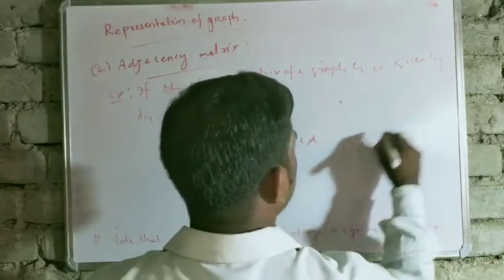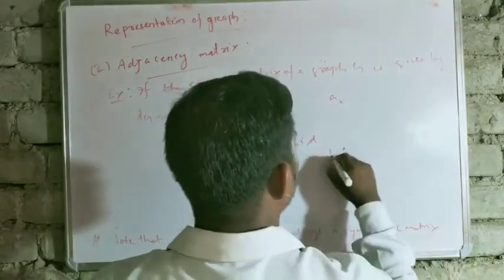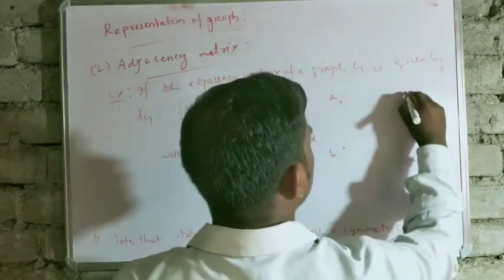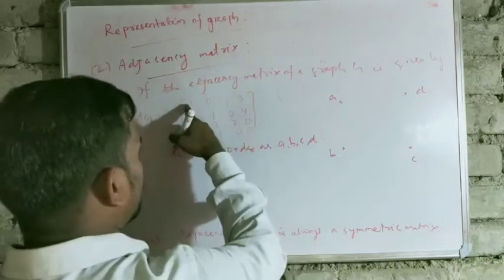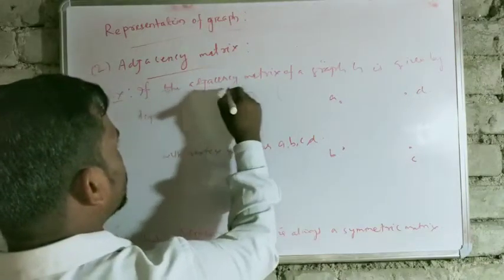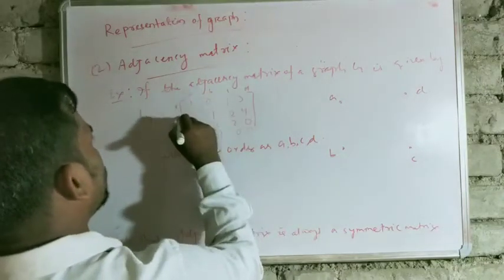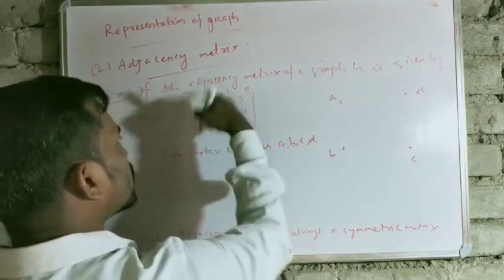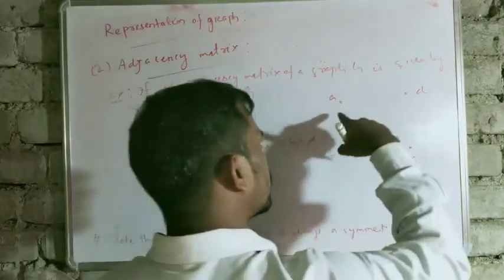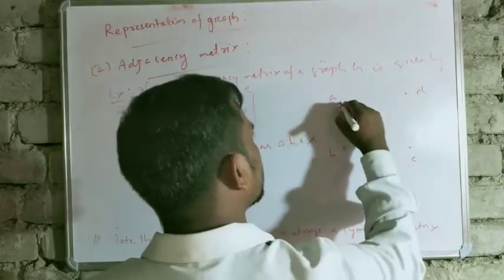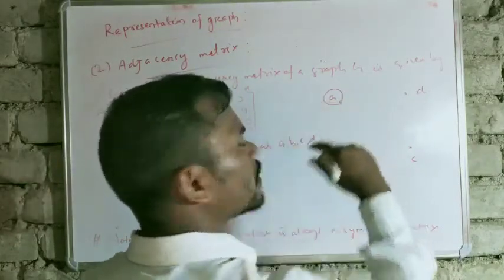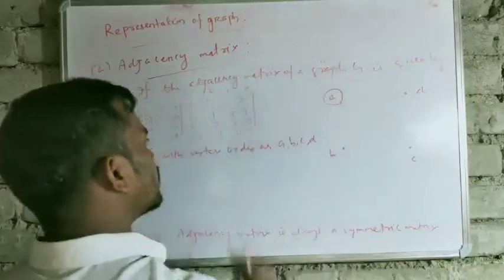I'm writing this is A, B, C, and this is your D, and A is connected to A. This is A, B, C, D, A, B, C, D. How can we find an edge that connects A to A? This is only possible if there is a loop.